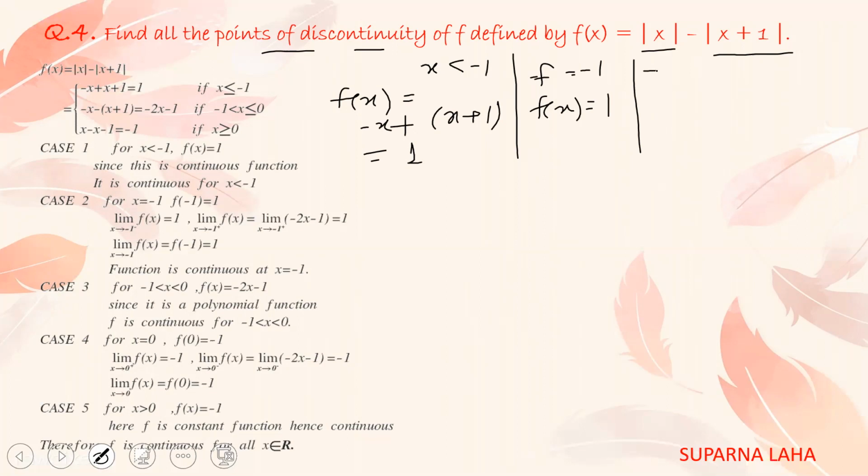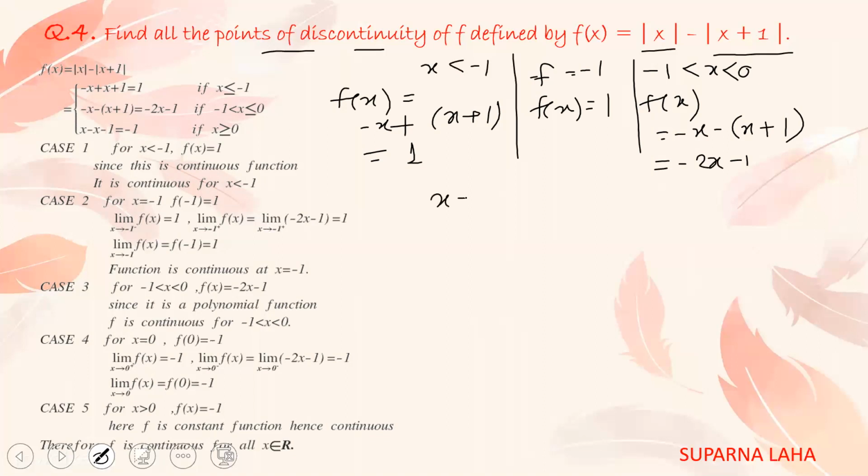Now check for minus 1 less than x up to 0. The value of f of x is greater than minus 1 and less than 0. So I can write minus of x, and that will be same minus of x plus 1. That is minus 2x minus 1.